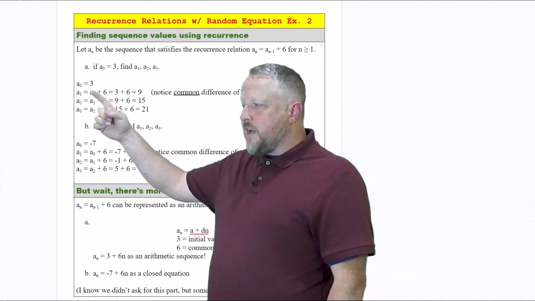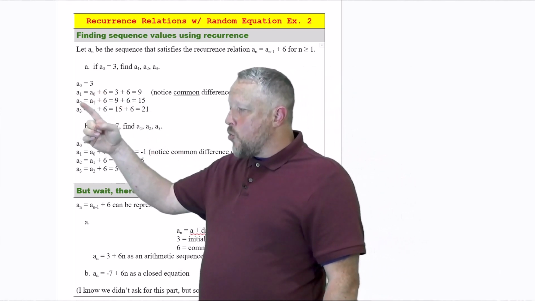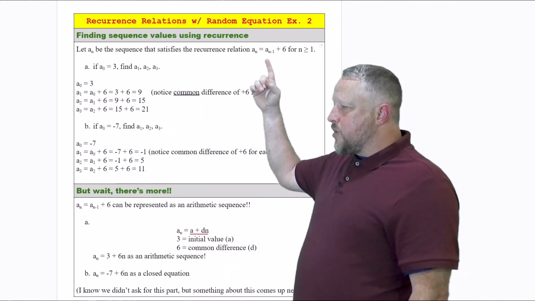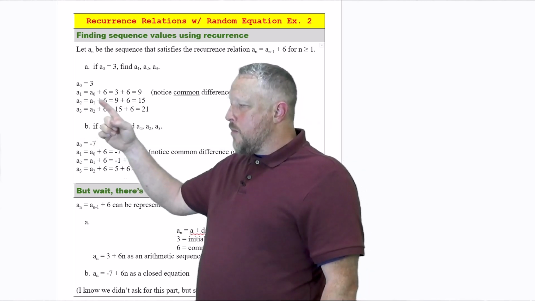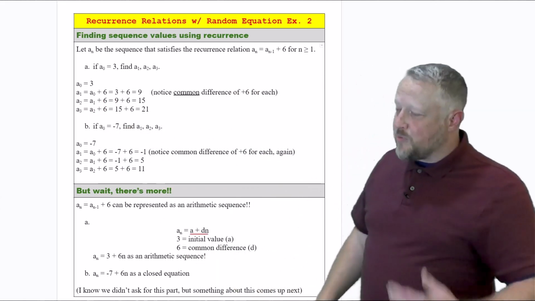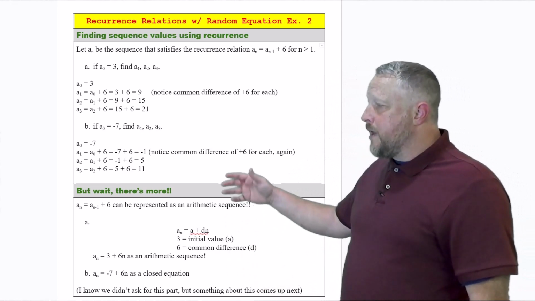So I'm first given a of 0, which is equal to 3. I'm going to need that in order to get a of 1, because in the equation, a of 1 is a of 1 minus 1, which gives me 0. So there's the a of 0 plus 6, which is 3 plus 6, equal to 9. Interesting. So there's our 9.